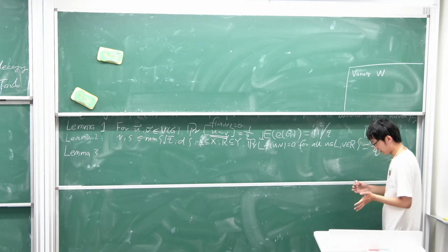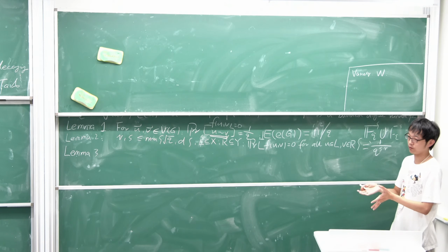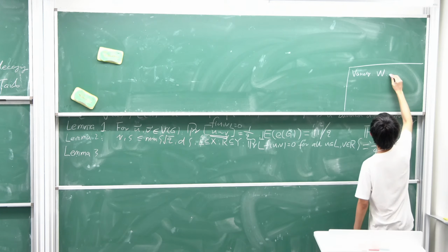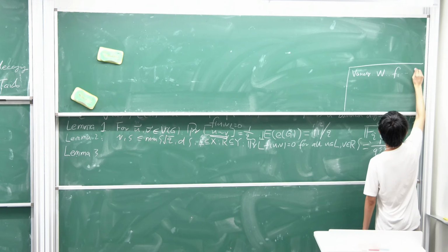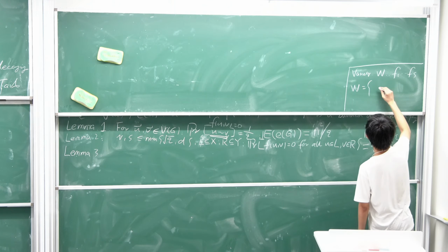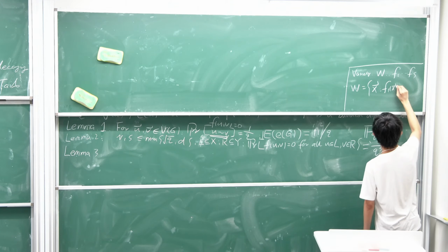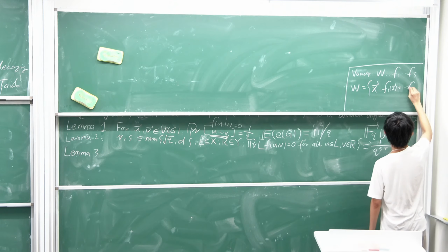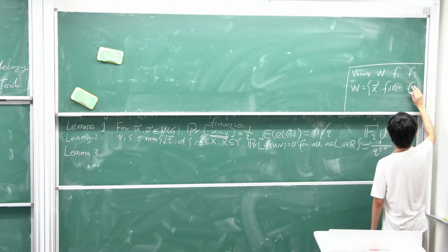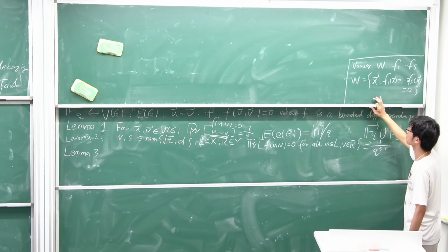You can simply regard it as the common zeros of many polynomials, F1 through Fs.